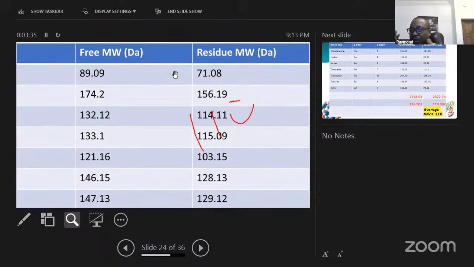When they are part of a protein, we call it residue molecular weight. So the molecular weight when it is free is 89. Why is it 71.08 when it is present in the protein? Who can tell us why?